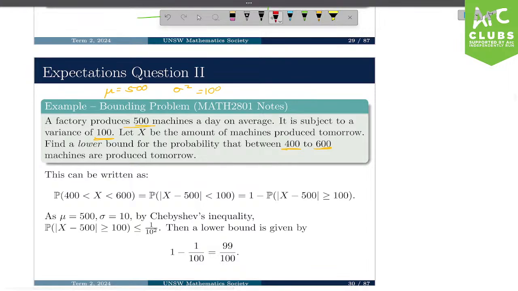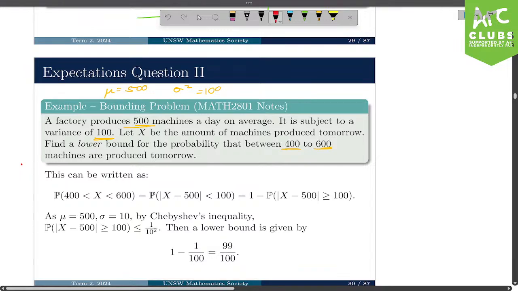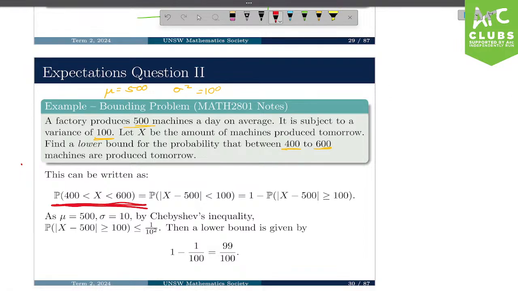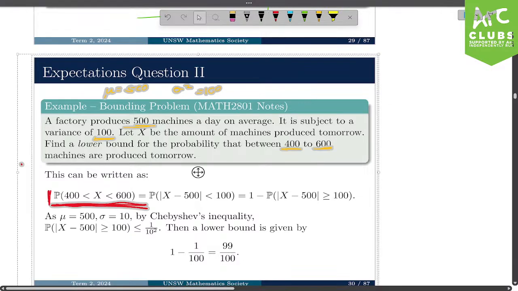Right, so this is something that we've already written out the solution to. We're looking for a lower bound for the probability that between 400 and 600 machines are produced tomorrow. So we write down the probability that we're interested in.